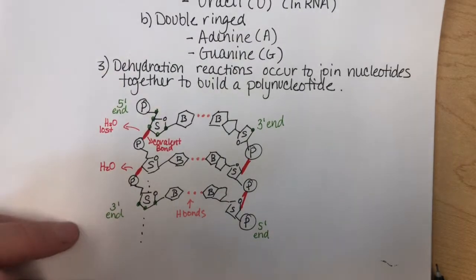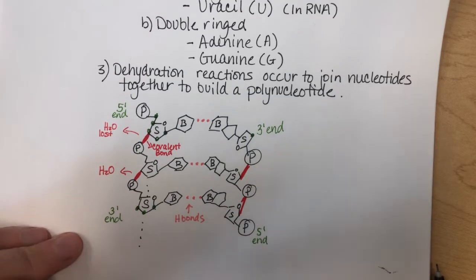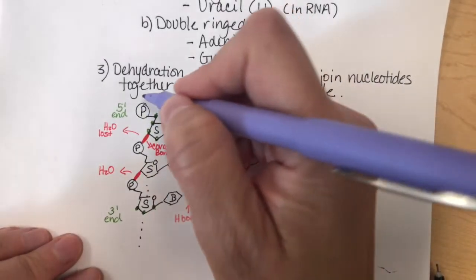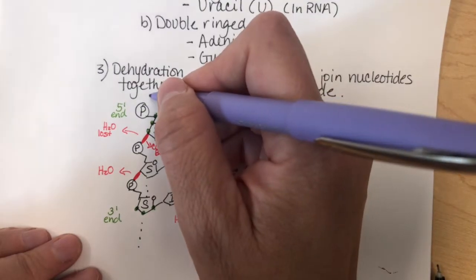One other thing that you hear about when talking about nucleic acids is that there is a backbone. The phosphates and the sugars, I'm going to do in purple because I haven't used this color in this picture.